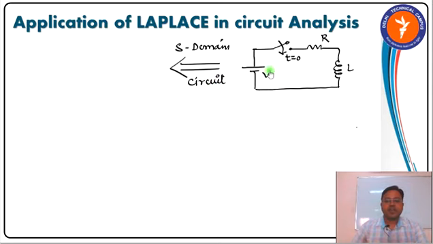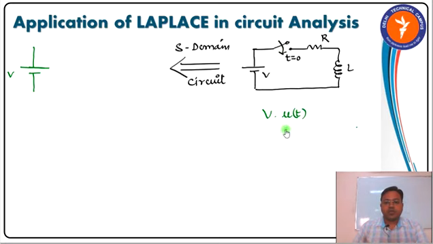So in the S domain we have already discussed that this R remains R, this L becomes the impedance, and a voltage source becomes the voltage source. So we have V here, but this voltage source is connected with this switch, so the voltage would now be V into u(t).